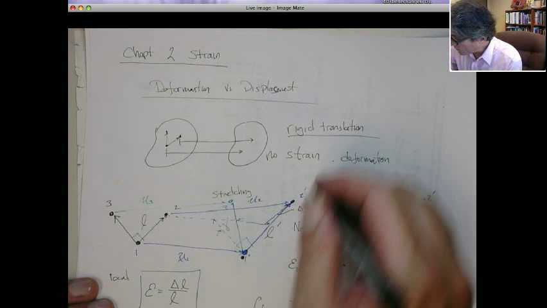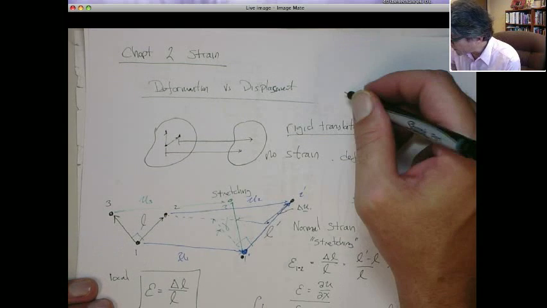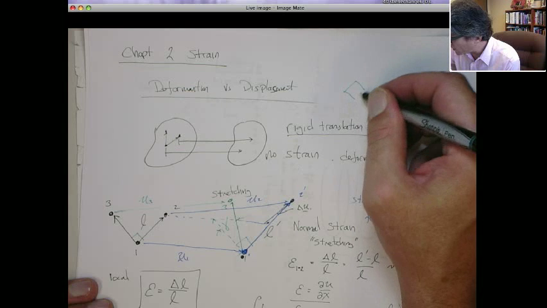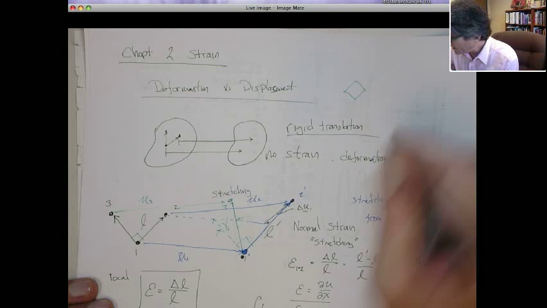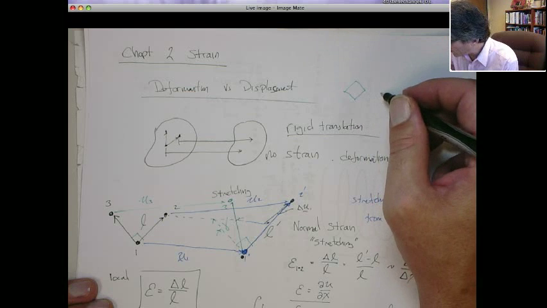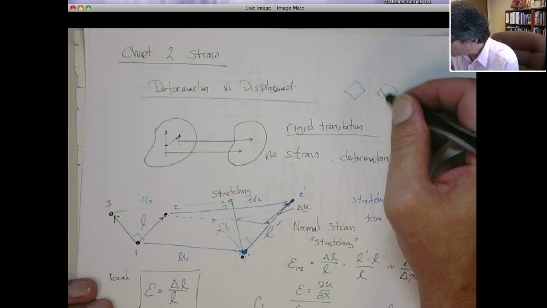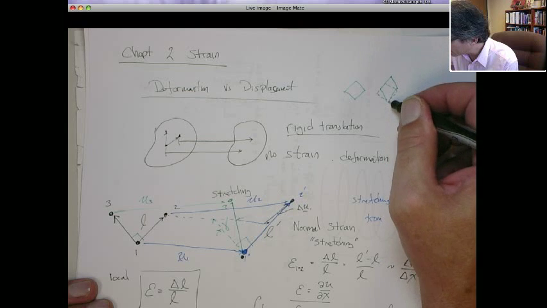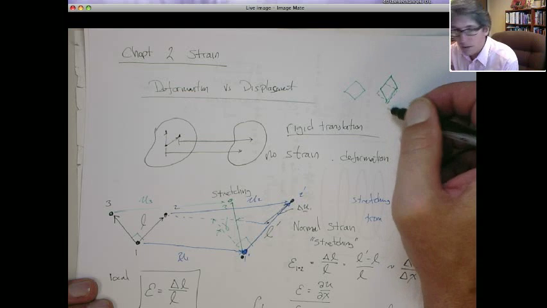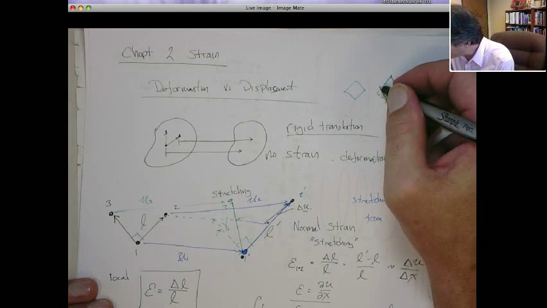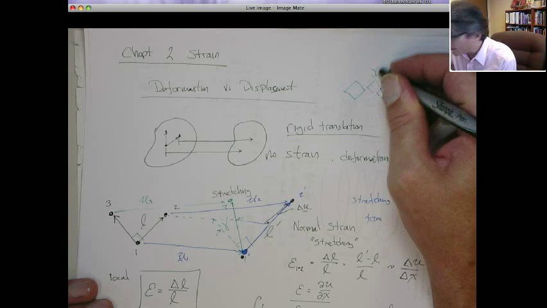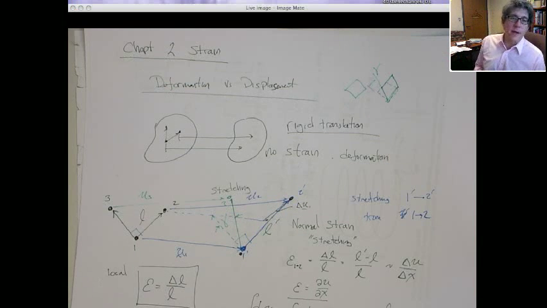So in the undeformed configuration, a little chunk of material that looks like this has now deformed to the following, where this angle here is gamma. Now, that type of deformation doesn't have any stretching associated with it, but there's still definitely deformation.